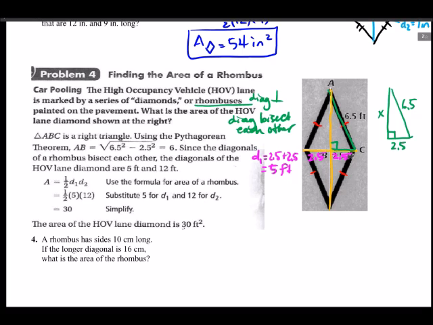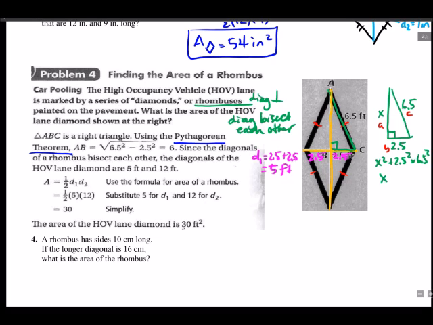I have two sides looking for the third. That sounds a whole lot like the Pythagorean theorem. So we use a squared plus b squared equals c squared, and so x squared plus 2.5 squared equals 6.5 squared.